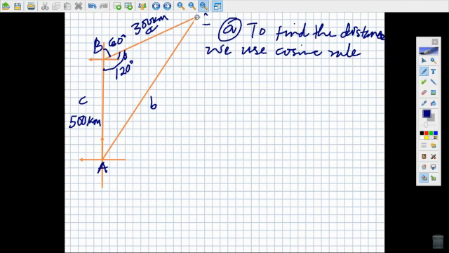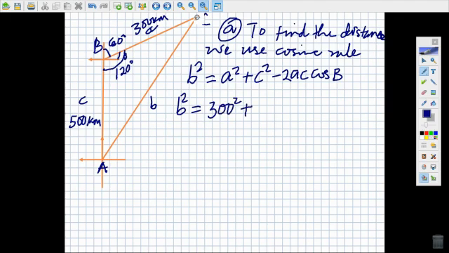So we have b square is equal to a square plus c square minus 2ac cos B. Substituting values, we have b square equal to 300 square plus 500 square minus 2 times 300 times 500 cos 120.